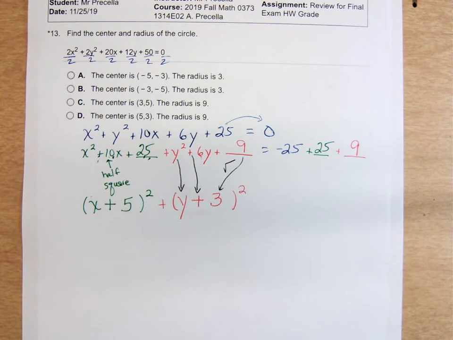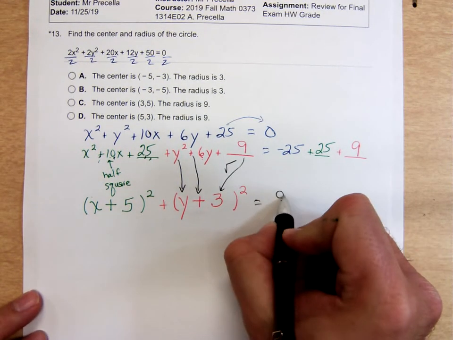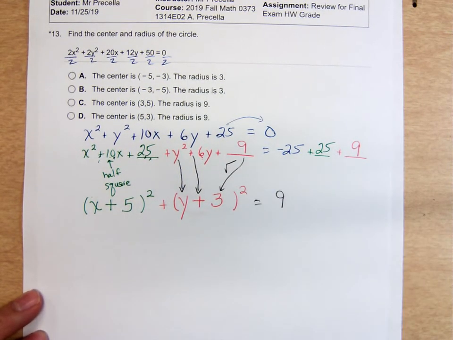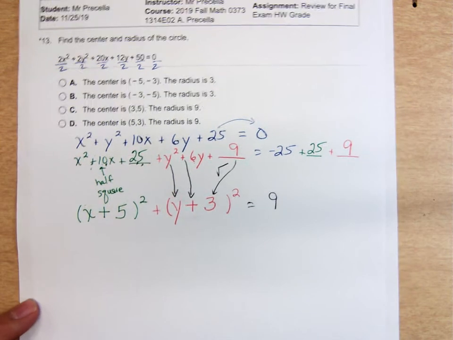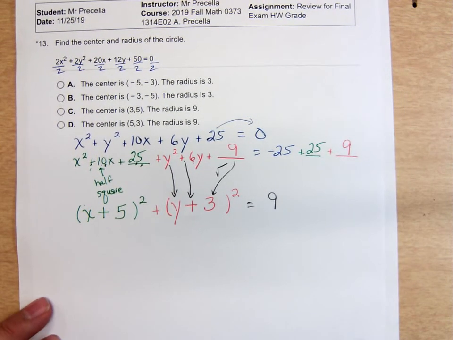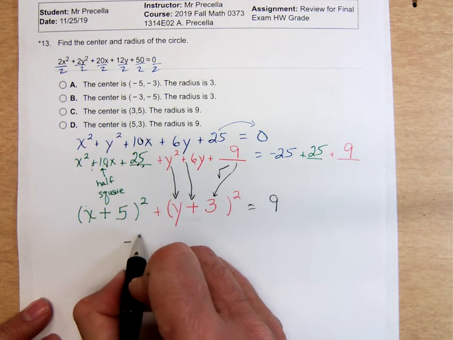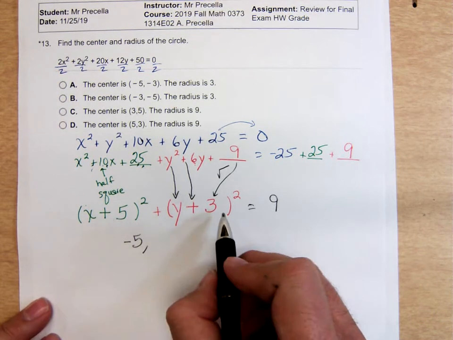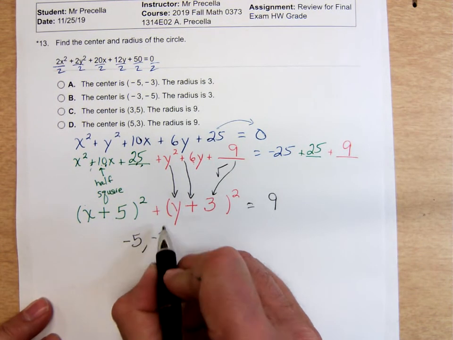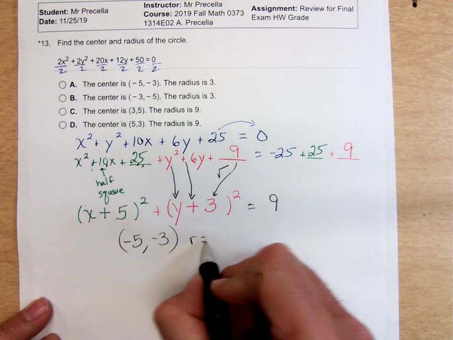equals, what number do we have on the right hand side? Is that going to be a 9? So is it ready to change the sign, square root? Yeah. So change the sign, -5. Change the sign, -3. Square root, 3.